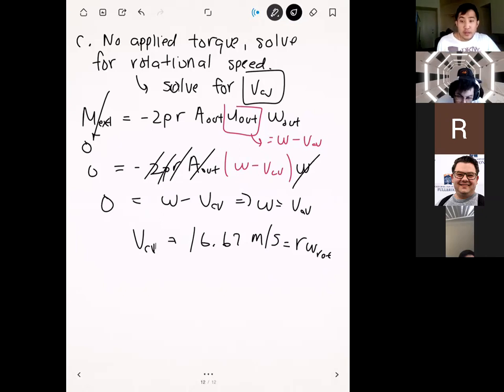And if we equate this to the expression for rotational velocity, so we know rotational velocity is going to be the radius times the rotational speed. To differentiate it from W, I've given it a W rot, where rot stands for rotation.